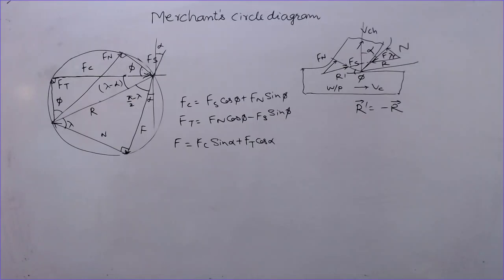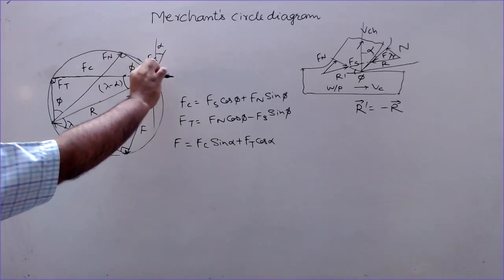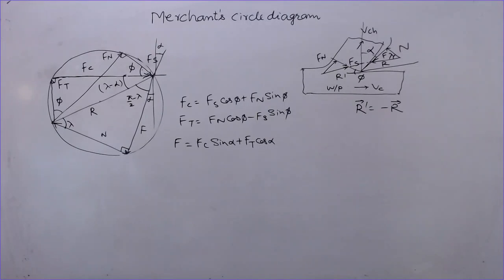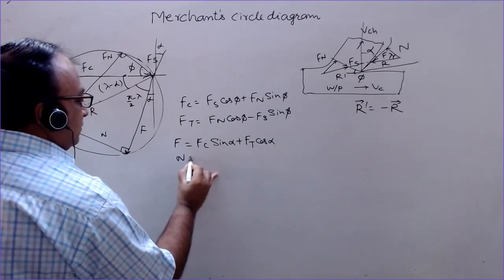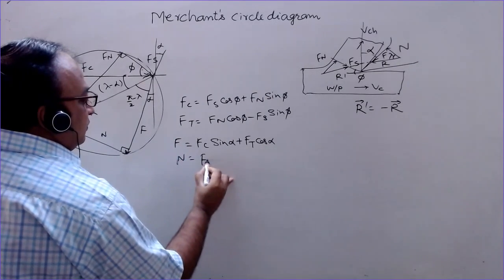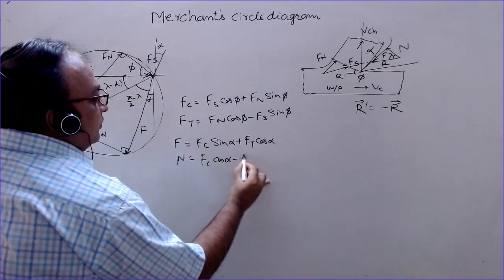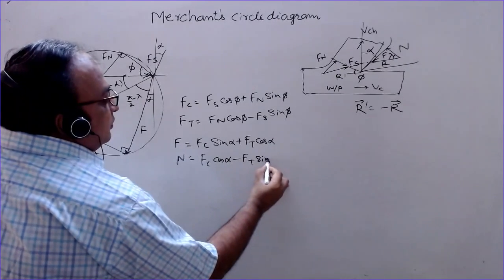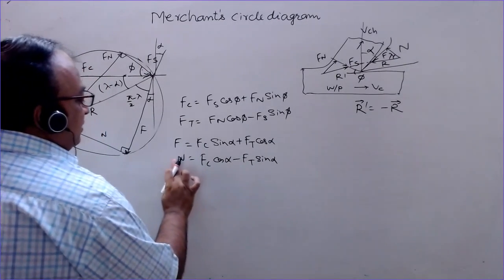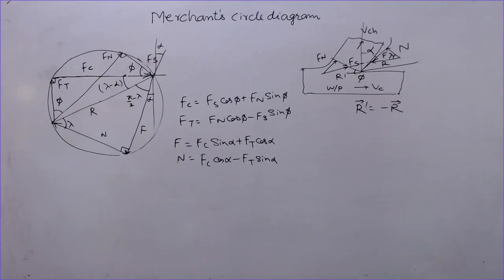You can resolve and check here. Fc, the cutting force, in this direction, Fc sin alpha plus Ft cos alpha, and N is... so these you can learn how to find, and then you should remember all these relationships.